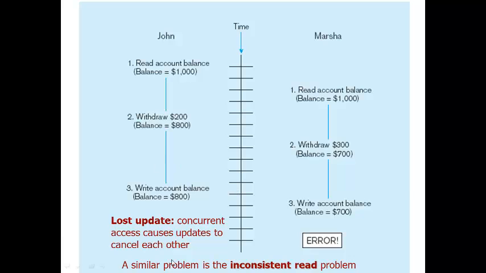Similarly, if John is trying to read the balance data which has been processed by only a portion of a transaction from the wife, that's an inconsistent read, or incorrect read.